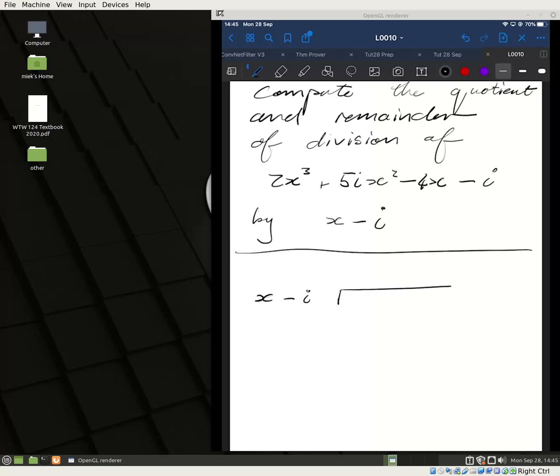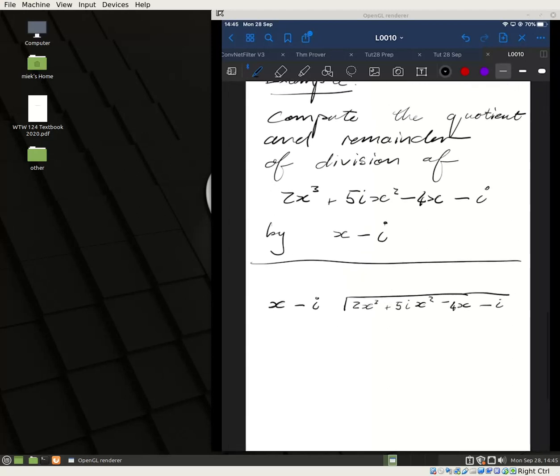So we write x minus i outside, and the polynomial that we are dividing, 2x cubed plus 5ix squared minus 4x minus i, we write inside. Now what do we do?